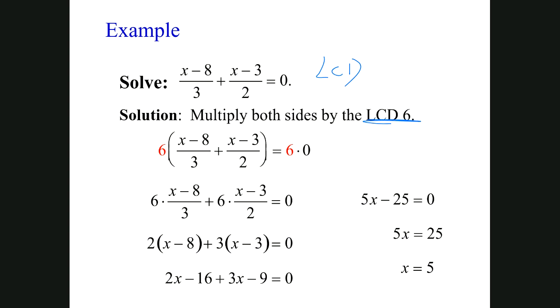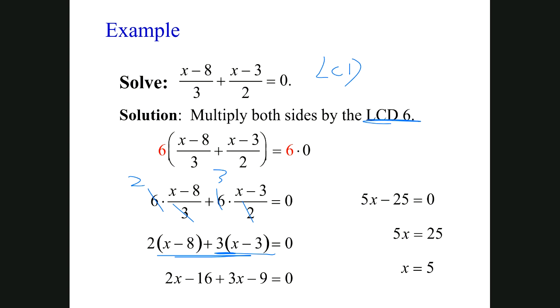0 times 6 is still 0. Then 6 times this one, the 3 and 6 cancel out, and you have a 2, so you have 2 times x minus a. Then this cancels out and you have a 3 there, so 3 times the numerator, x minus 3. This is much better than before.